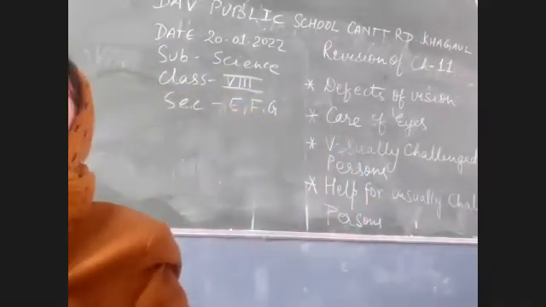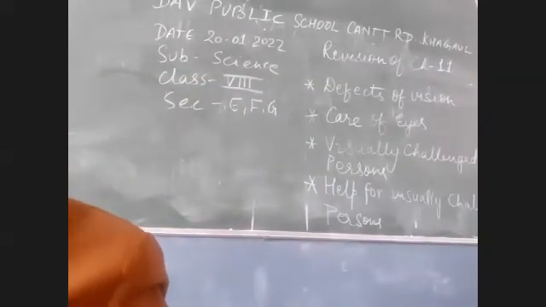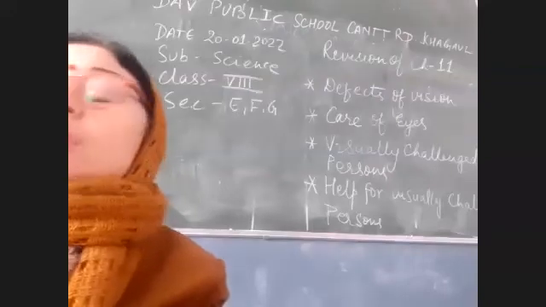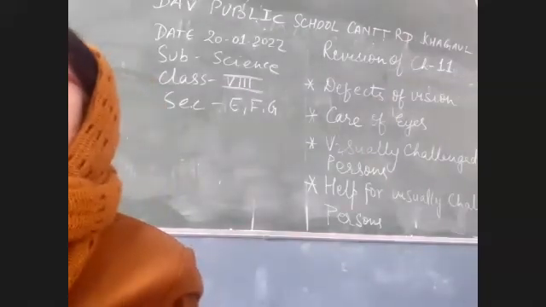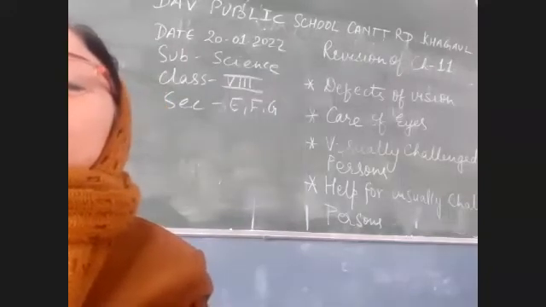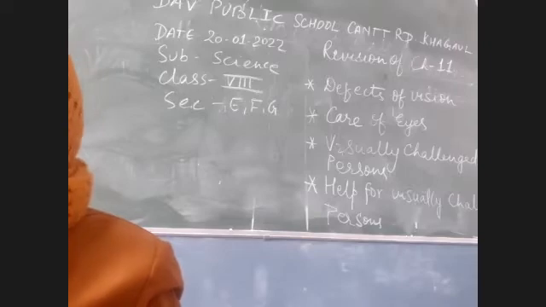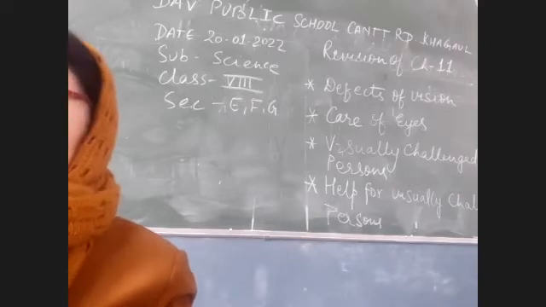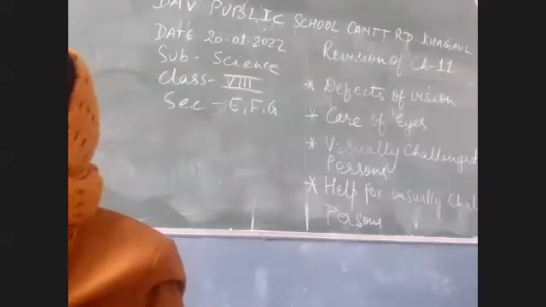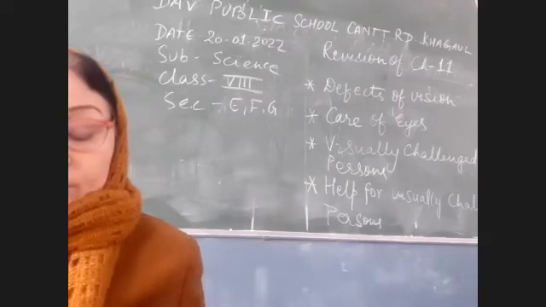Okay. Now Saksham Arya, you tell me how can we take care of our eyes? Give me 5 points regarding it. By having a regular checkup. If so advised, use the correct spectacles. Second, never look at the sun or any other powerful light source directly.